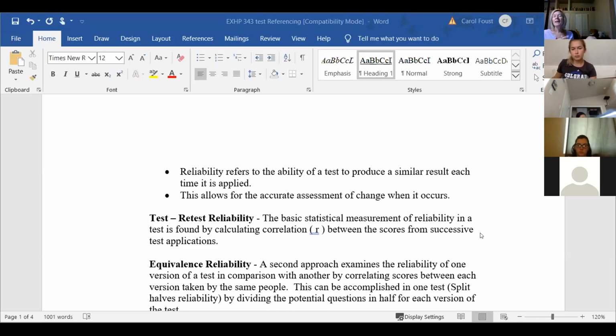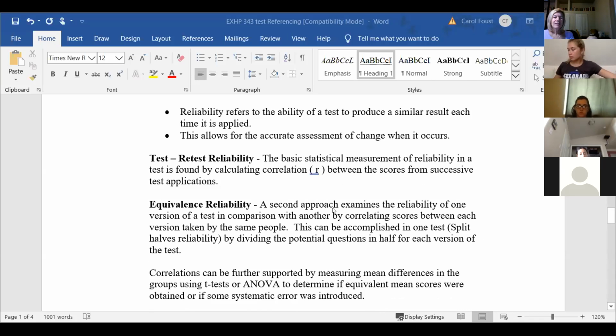We'd want to see our calculated statistic be higher than our critical statistic, or our critical statistic be lower than our calculated statistic, okay? But in this case, we actually don't want to see a difference, okay? And we want to see a high correlation.